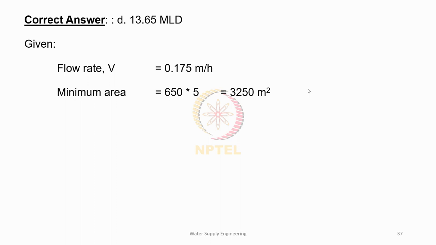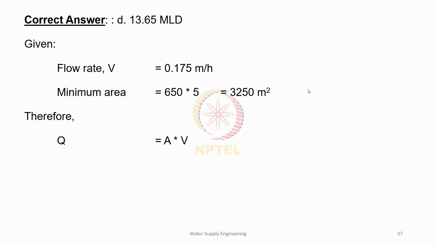So since we are taking 5 beds, considering the minimum area, that is 650 into 5, the total area available will be 3250 meters square.